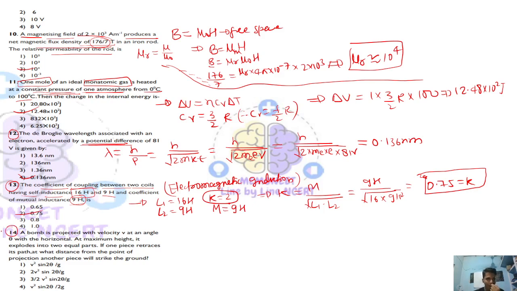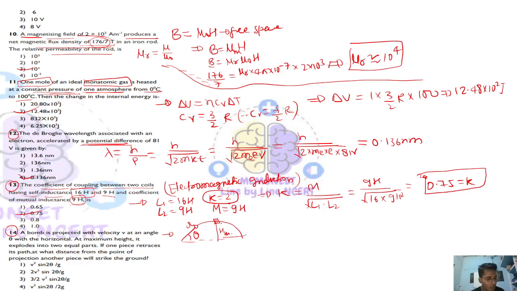We have a bomb projected with a velocity v at an angle theta with the horizontal. Okay, it's a projectile question, you know that. V velocity, theta angle. At the maximum height, it's h max.